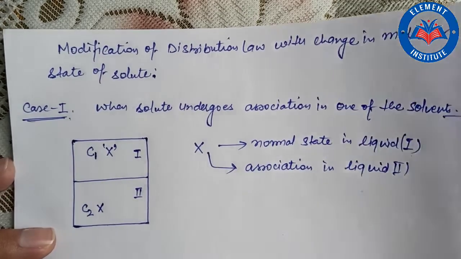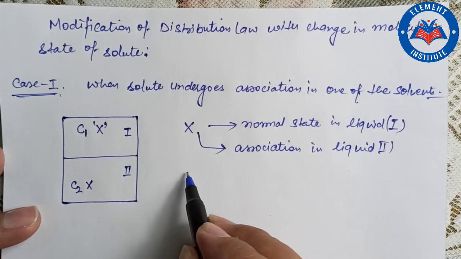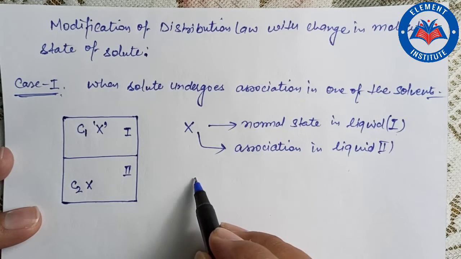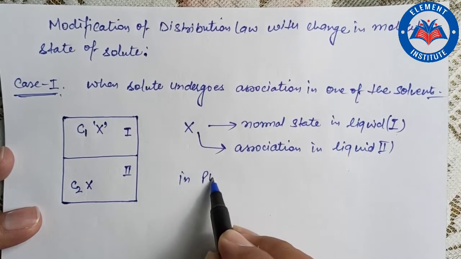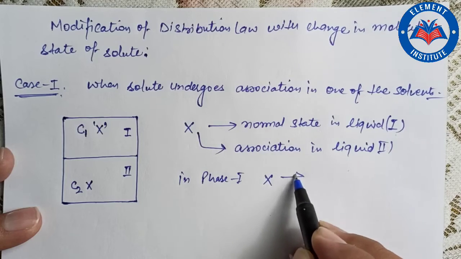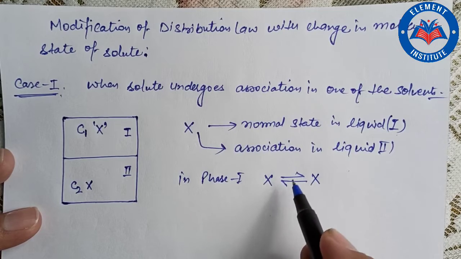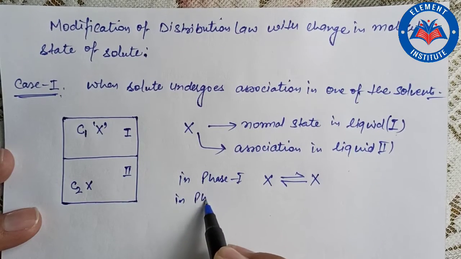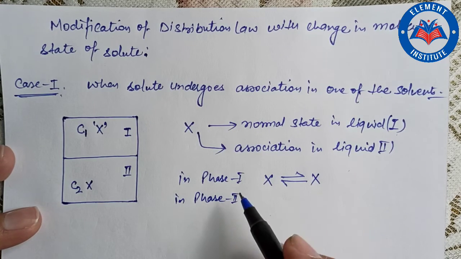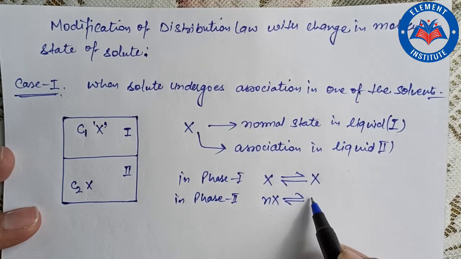So what would be the system then? Then two types of equilibria exist in the two liquids. In phase 1, X is in the normal state, so there will be one equilibrium of this type, and in phase 2, where the solute is undergoing association, this type of equilibrium will exist.